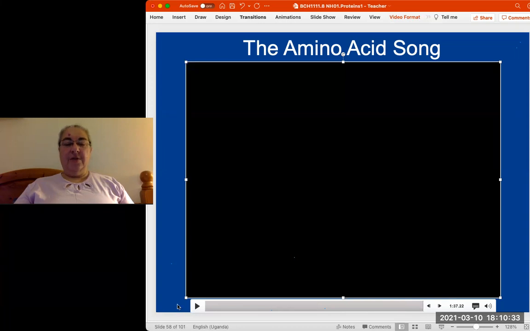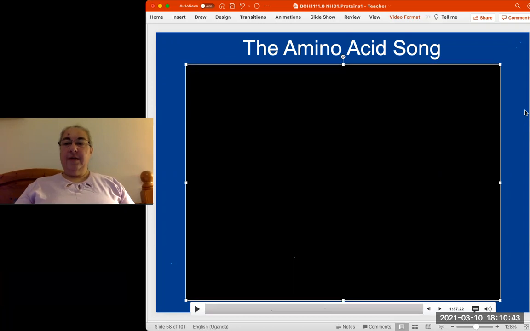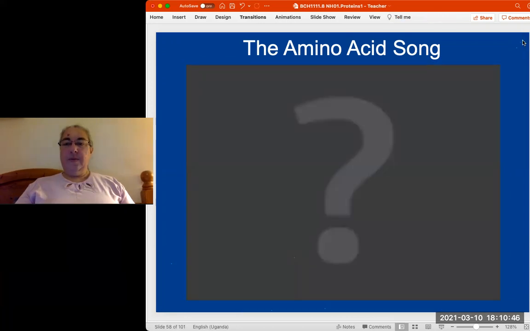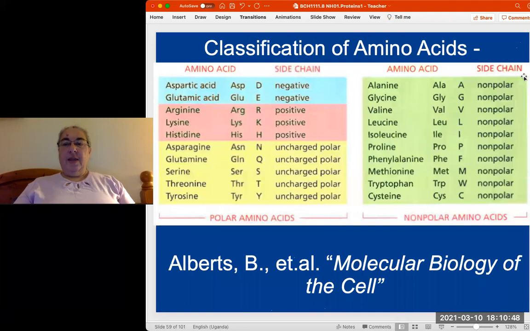Okay, so there you saw all of the structures and names of the amino acids in their different types. So here is the table we saw. This is actually from another textbook, Molecular Biology of the Cell, Alberts.